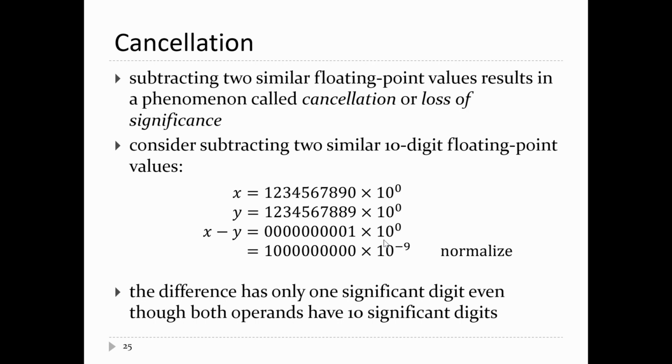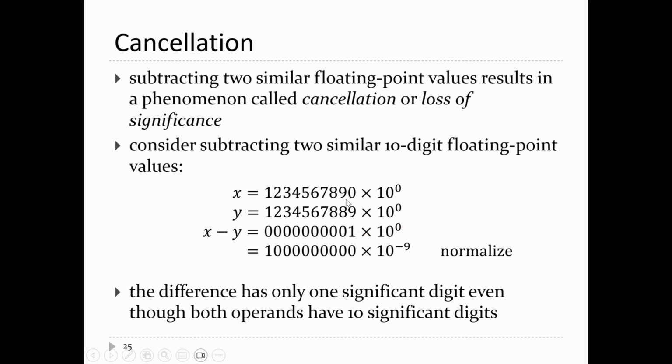They have 10 digits in them, so I'm going to temporarily switch to a 10-digit format. The first number ends in 90. The second number is the same as the first number, except it ends in 89. That means their magnitudes are very similar. If I subtract these 2 values, obviously you get 1.